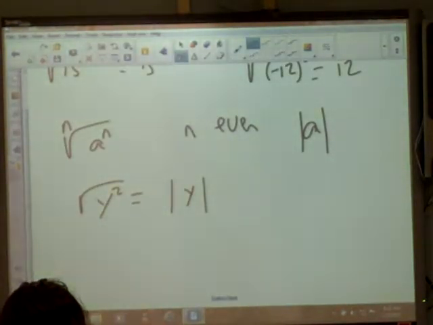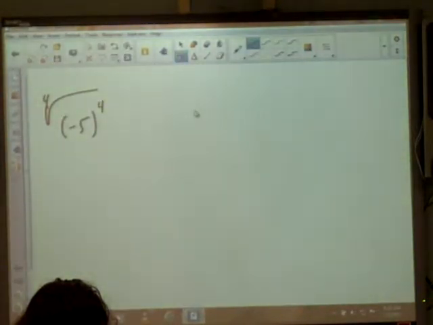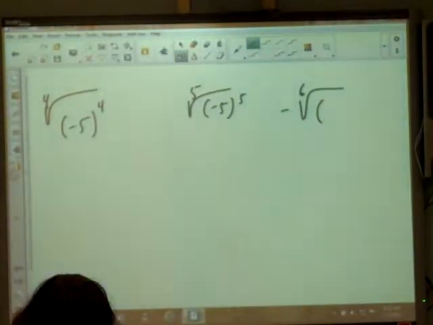All right. Look at a few more, and then we got to graph a couple of them. Got the fourth root of negative 5 to the fourth. Then we're going to look at the fifth root of negative 5 to the fifth. And we're going to look at the negative sixth root of negative 3 to the sixth.